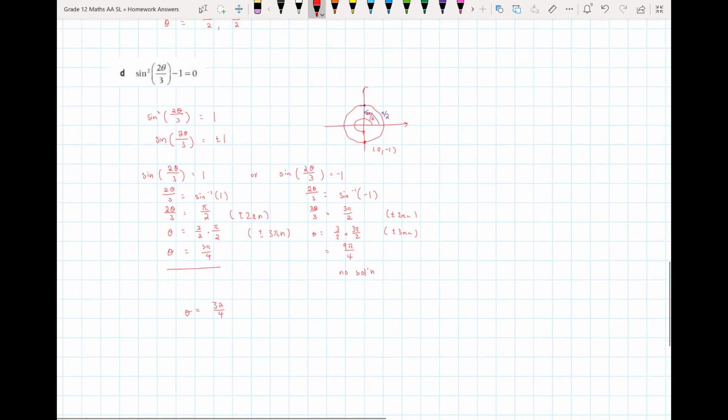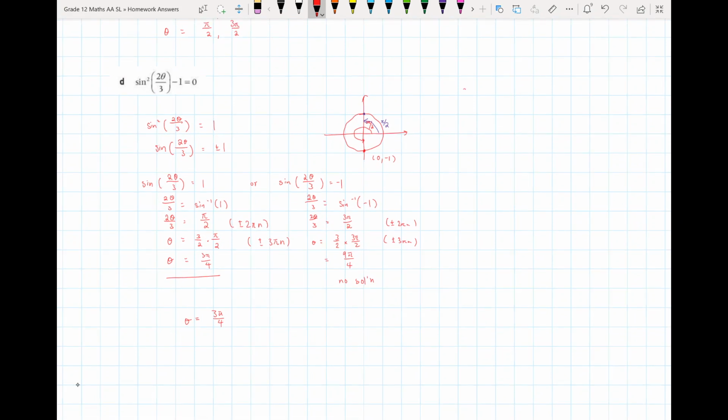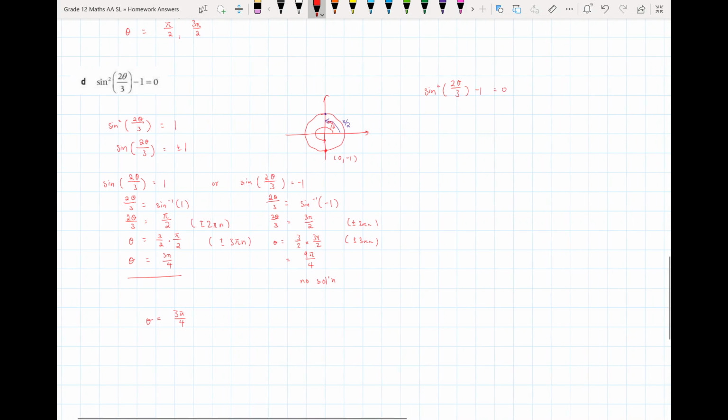Now, how can I do this by using a trig identity? We can use the fact that cosine square x equals 1 minus sine square x. Or likewise, sine square x equals 1 minus cosine square x.